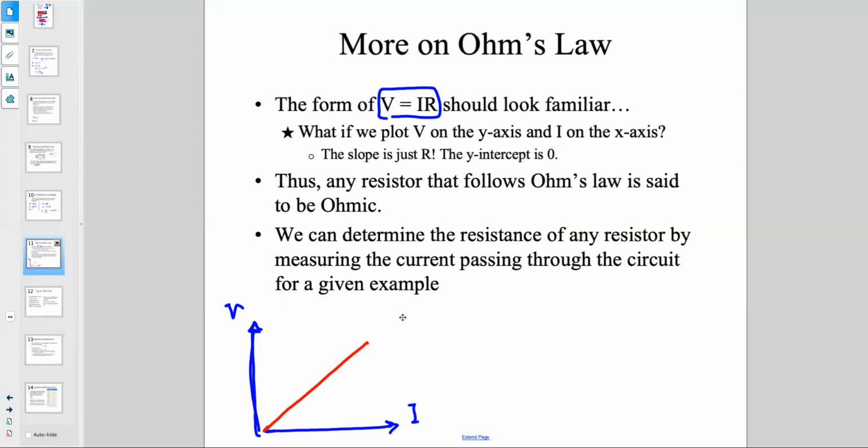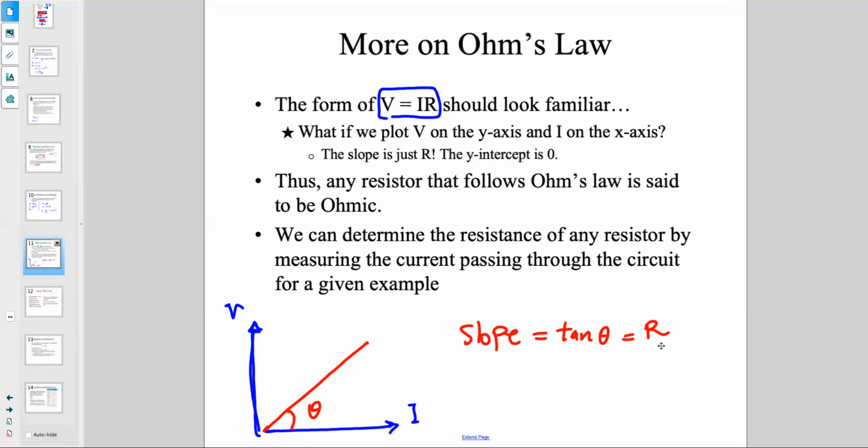And the slope of this, which is the tangent of this angle, would be R, or resistance.